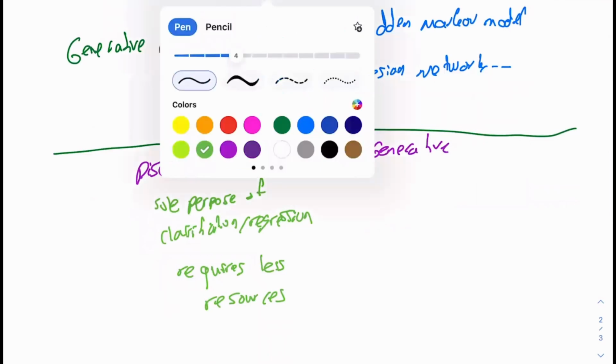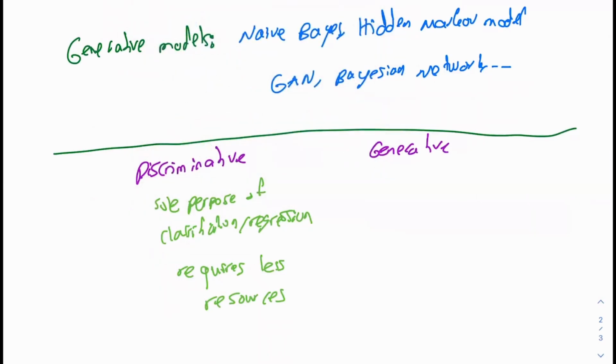But what about generative? Generative modeling is used when you are looking for much more than only classification or regression.